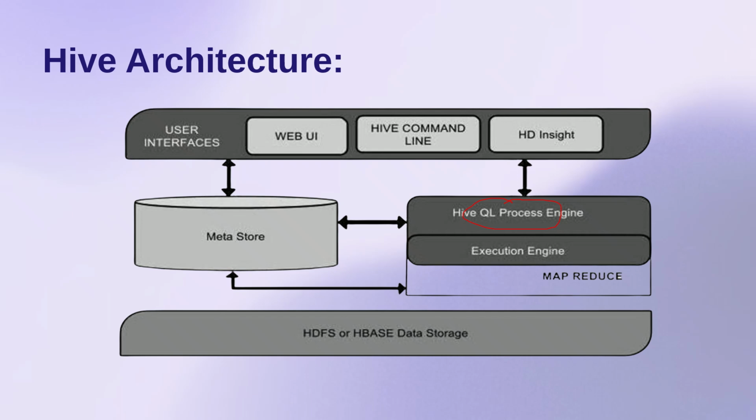So here comes the execution engine. What it does is, HiveQL queries written by the user are converted to MapReduce programs, and they will be executed on the HDFS or the HBase. Once the data is available, it will be given back to Hive, and it will be converted into HiveQL by the execution engine.